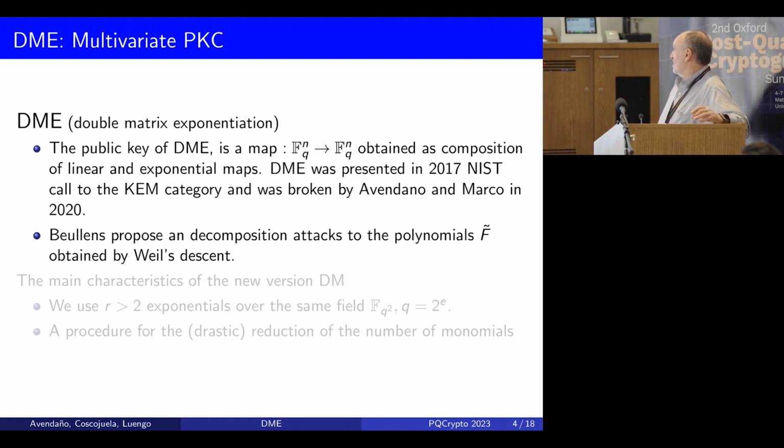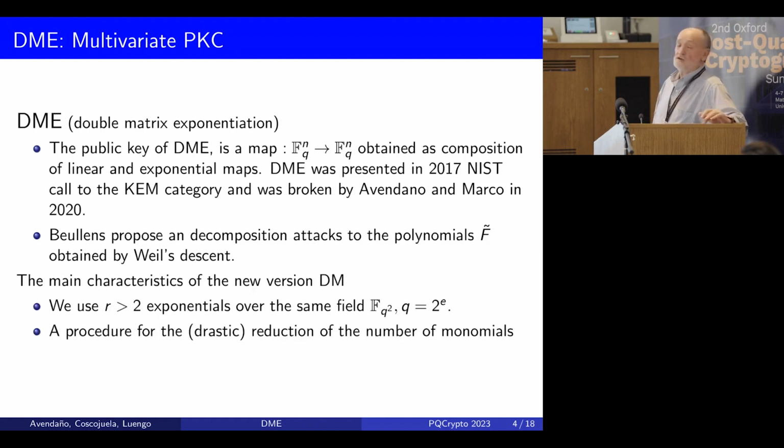But then there was also an interesting proposed attack by Vilsen, which says to take the version of the map used by Veldesen over F2, and then try to use the decomposition algorithm, but in this case the decomposition algorithm doesn't work.